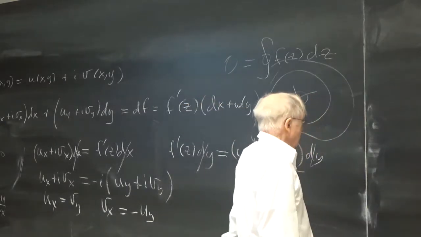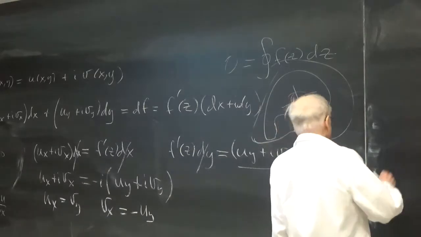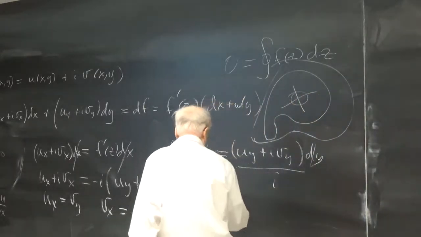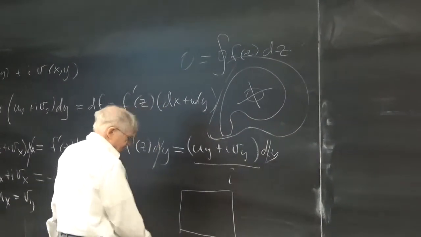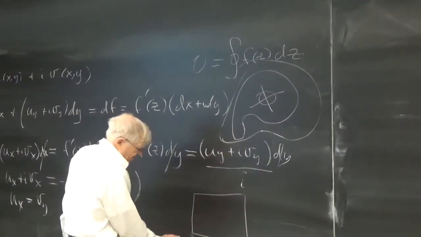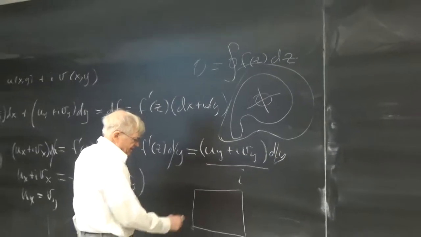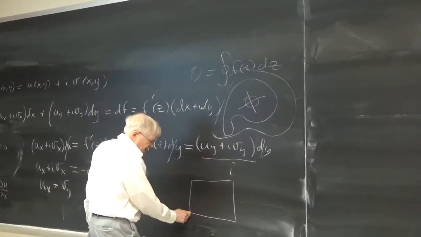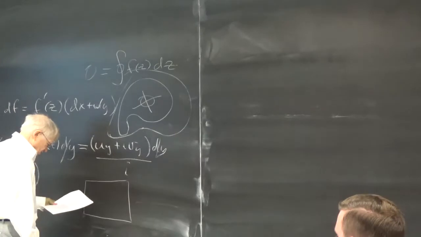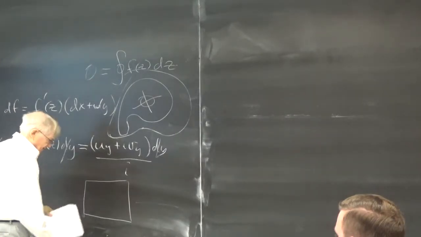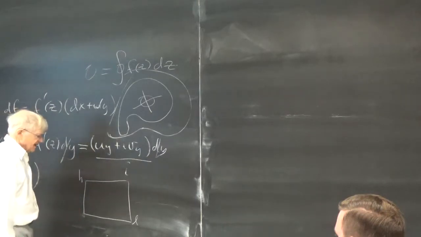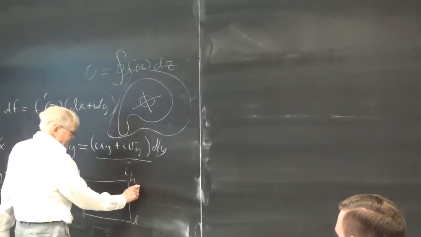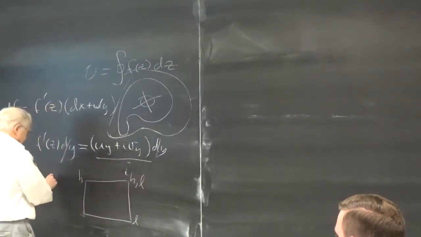In order to make the notation a little bit simpler, I'm going to imagine a rectangle that starts at the origin and goes out a distance L in the x direction, goes up a distance h, and so this point is (L, h).